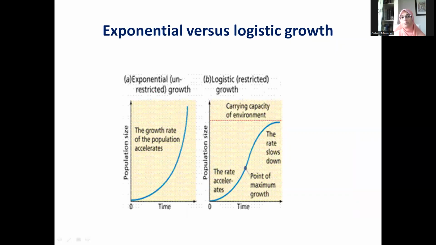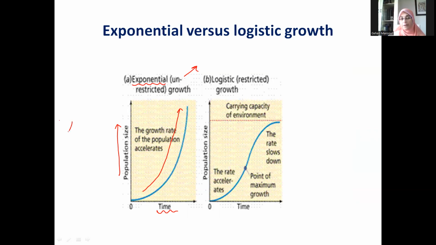So here we have two graphs. We have the exponential unrestricted growth, and we have the logistic or restricted growth. In the exponential growth, that cannot last for long, as we said, the growth rate of the population accelerates very rapidly. The rate of growth is very high. Here on the x-axis, we have time, and here on the y-axis, we have the population size.